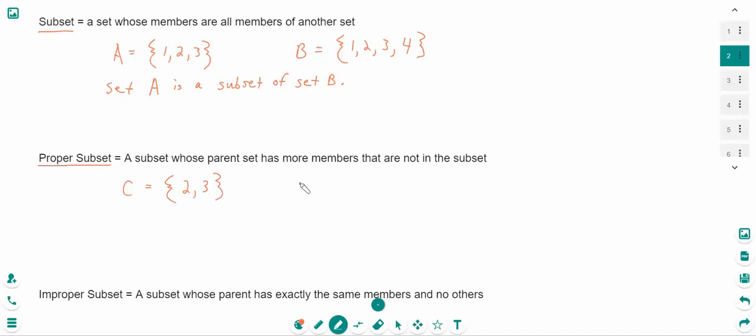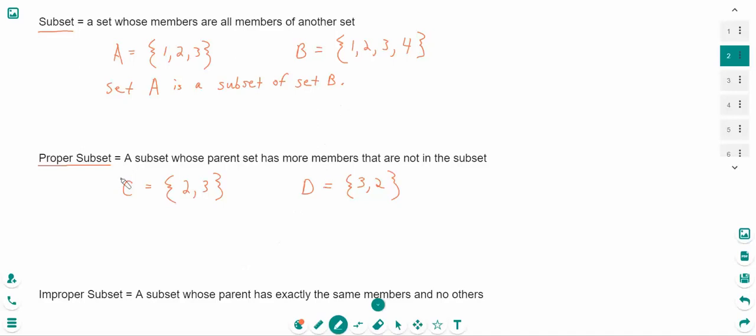And then let's say we have a set D, and set D is equal to 2 and 3. Or actually, let's make it look a little bit different. Let's make it 3, 2. So here we have 2 sets, and clearly set C is a subset of set D. Everything that's in C is also in D. So therefore, it is a subset of set D.